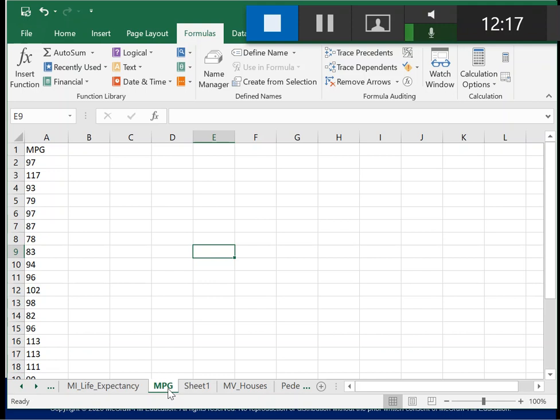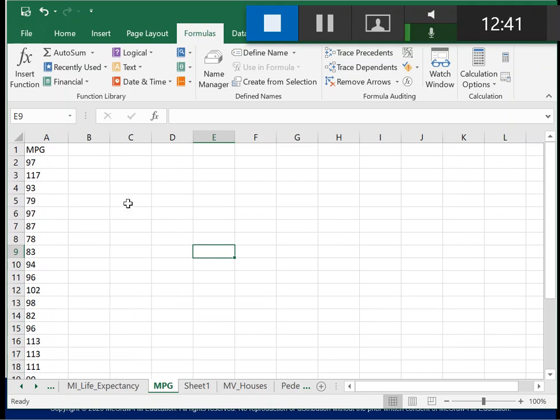We need to know the t-score with, if it's a 90% confidence interval, then that means our margin of error is 10%, which means it's 5% in each tail. And our degrees of freedom, remember, is n-1. So if you remember, our sample size is 25. So that means our degrees of freedom is 24.